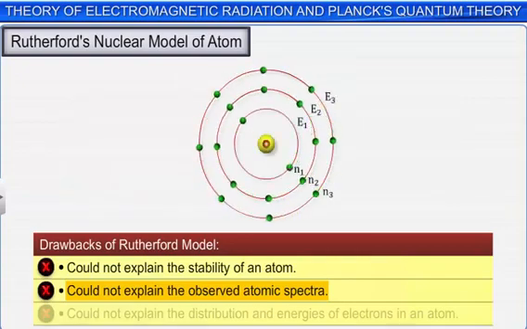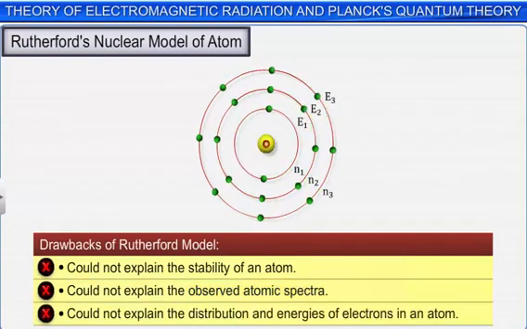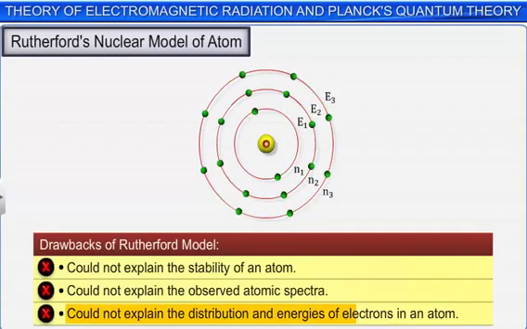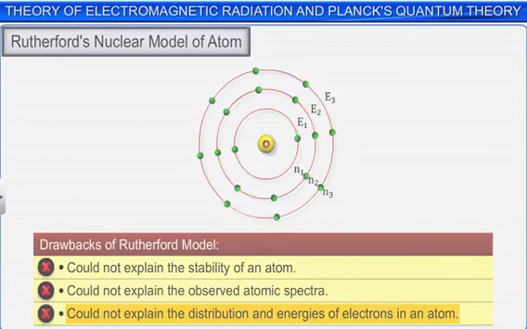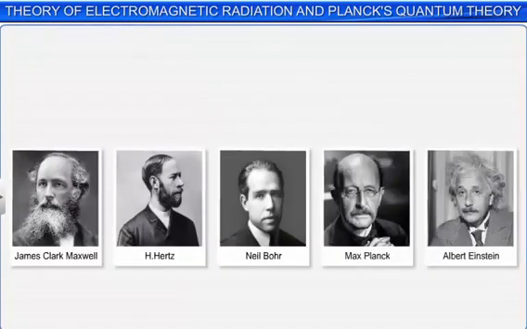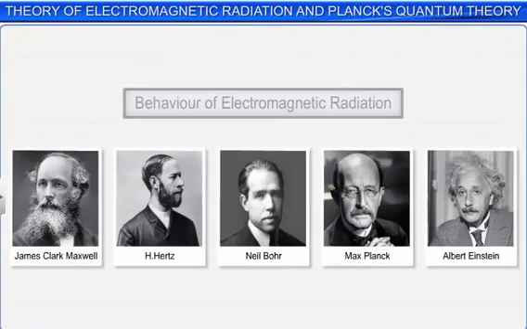Another drawback is that it could not explain the electronic structure of atoms, that is, the distribution and energies of electrons in an atom. These drawbacks inspired several scientists to revisit the historical results about the behavior of electromagnetic radiation and its interaction with matter in order to improve Rutherford's atomic model.